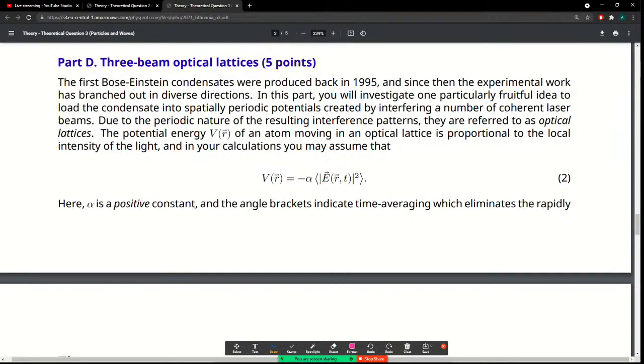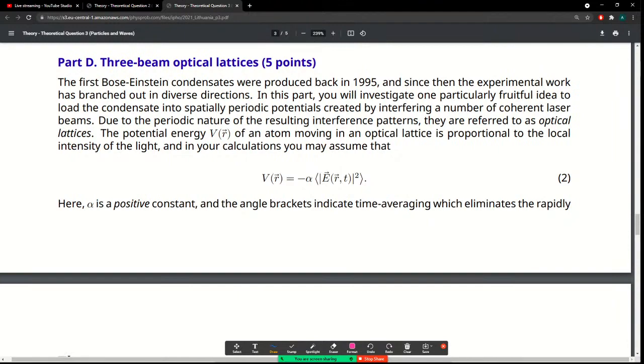In this part, you'll investigate one particularly fruitful idea: to load the condensate into spatially periodic potentials created by interfering a number of coherent laser beams. Due to the periodic nature of the resulting interference patterns, they are referred to as optical lattices. The potential energy V of r of an atom moving in an optical lattice is proportional to the local intensity of the light.